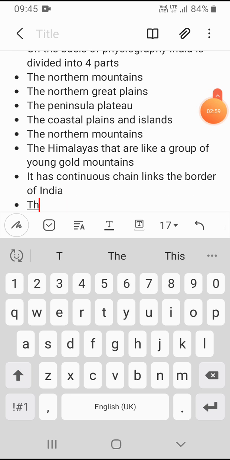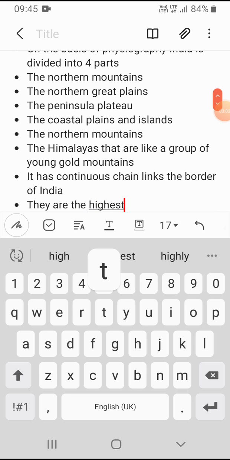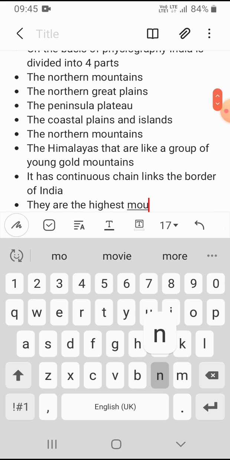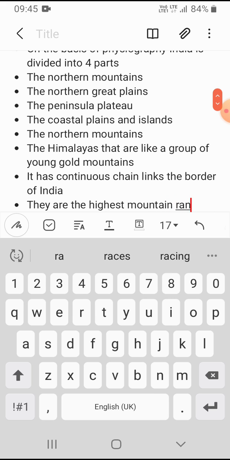They are the highest mountain ranges in the world.